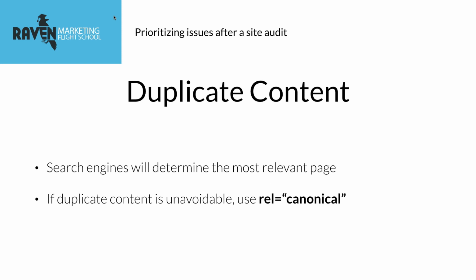And duplicate content really isn't that big of a deal, especially anymore. What search engines will do is they will pick the page that, it's probably not just by random, it's something in their algorithm, but they'll pick the page that they determine to be the most relevant out of all the different pages that have the same content.